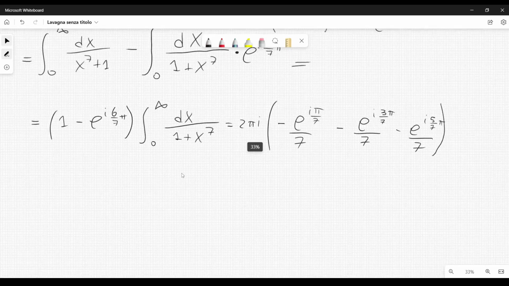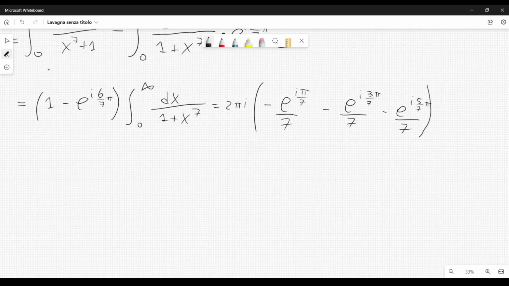And now we can divide both sides by this number, so we get integral from 0 to infinity of dx over 1 plus x to the 7 equal to 2 pi i.